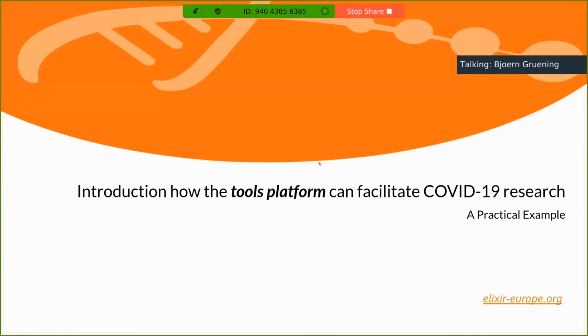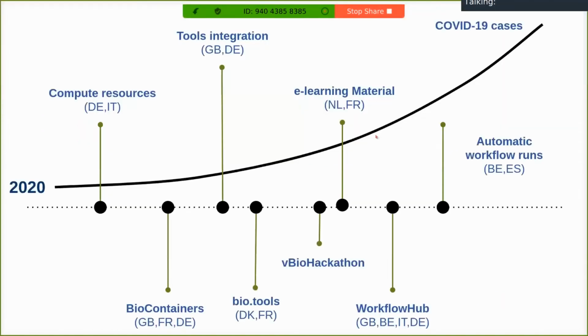Okay, yeah, I would like to introduce you to the ELIXIR tools platform. And we would like to introduce that with a practical example on COVID-19 research, which we spent most of the years of this year on different aspects in the tools platform. So this is more or less a timeline.